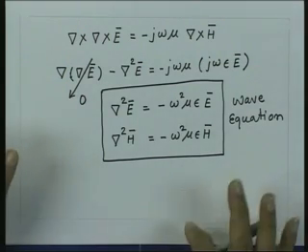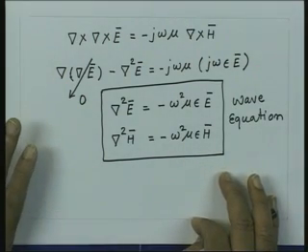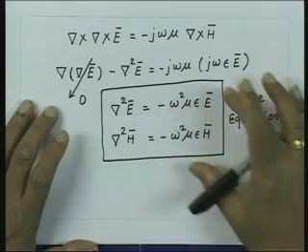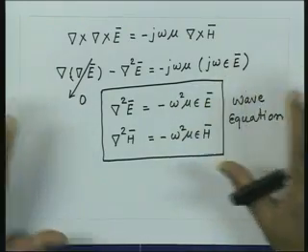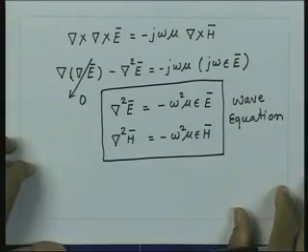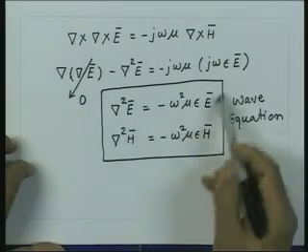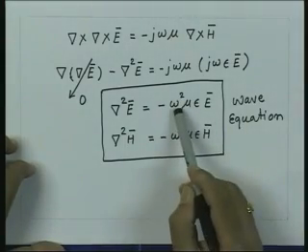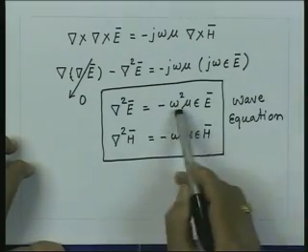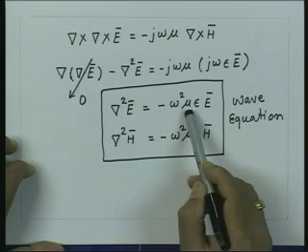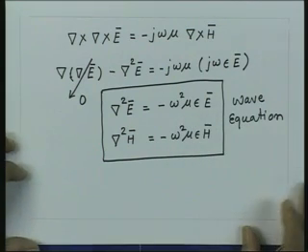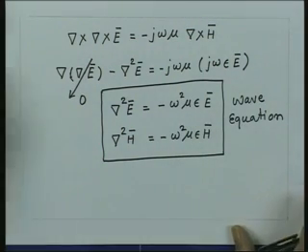Essentially, what we are now interested in is the solution of the wave equation in three dimensional space for time harmonic fields having frequency omega, and for a medium having permeability mu and permittivity epsilon. That is the problem now.